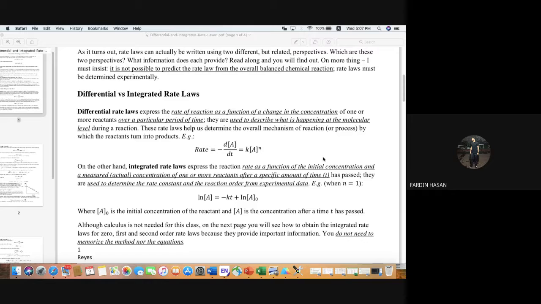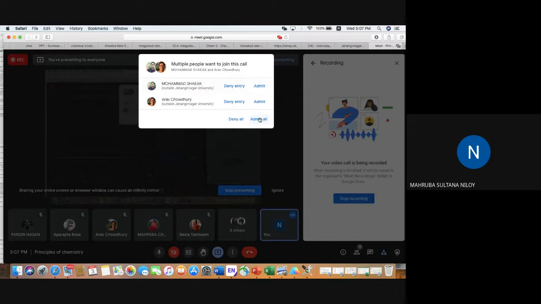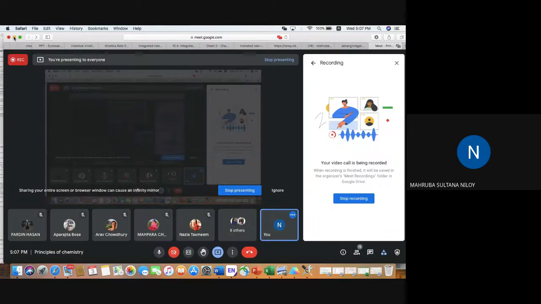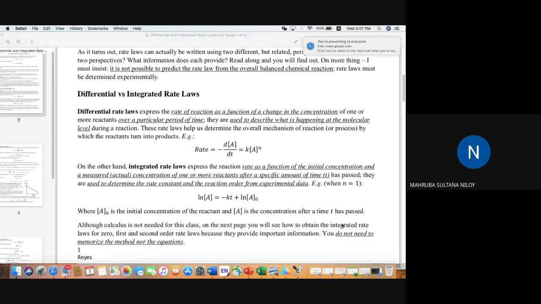Yes, sir. Okay, and what is integrated rate law? Integrated rate law expresses a rate as a function of initial concentration and a measured concentration, like the actual concentration of one or more reactants after a specific amount of time.